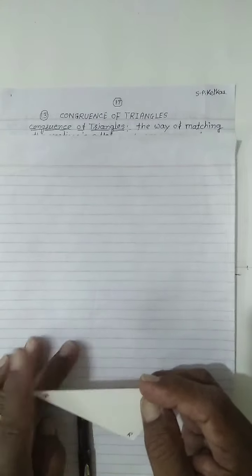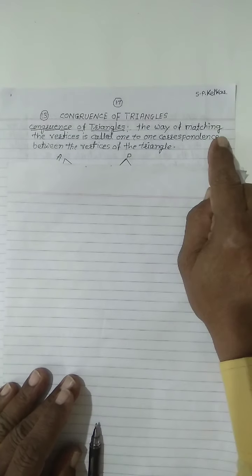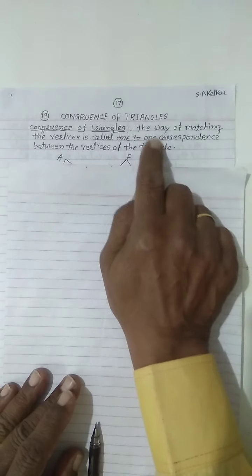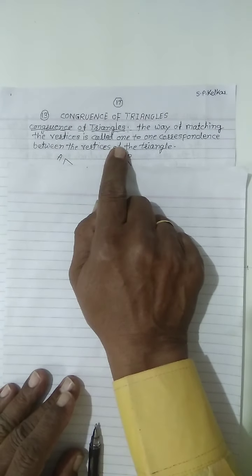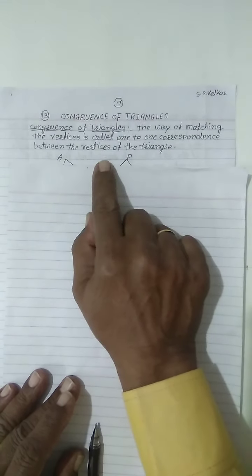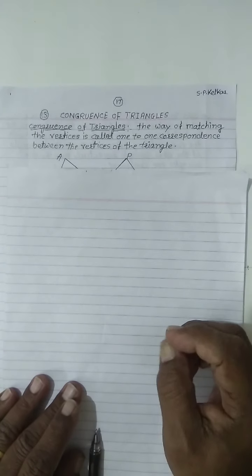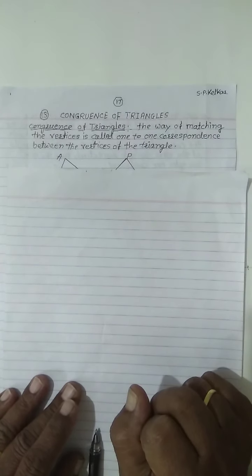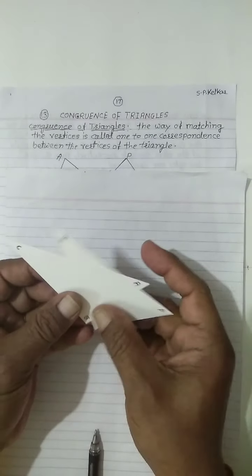In this way, the way of matching the vertices for congruency of the triangles is called one-to-one correspondence between the vertices of the triangle. Means in this way only there is a one-to-one matching of the vertices.